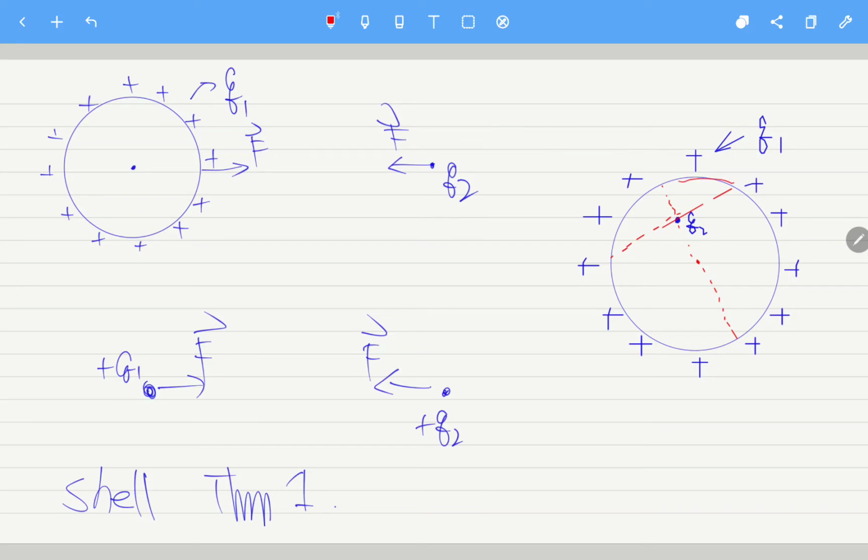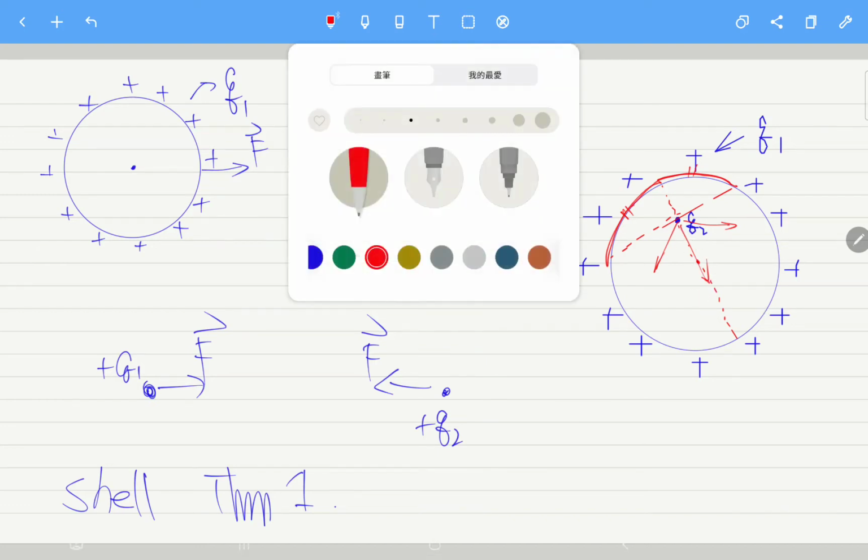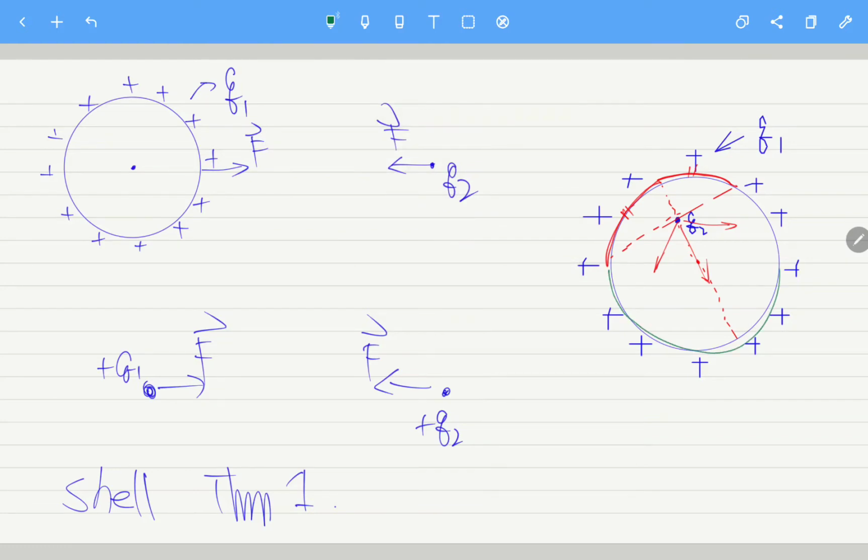For the part here, the left side and right side will cancel each other because, for example, this part will generate a force pointing to this side, and this part will generate a force pointing to that side. So for this part, it will generate a force pointing slightly to the bottom, and for this part, it will generate a force pointing to this side.